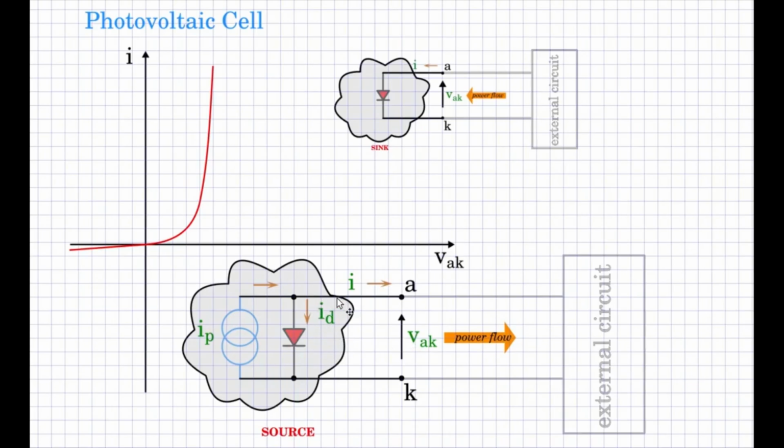There are a few other components and non-idealities that will come into the model, but this basically indicates how the photovoltaic cell is behaving as an electrical source from an electrical engineer's point of view.